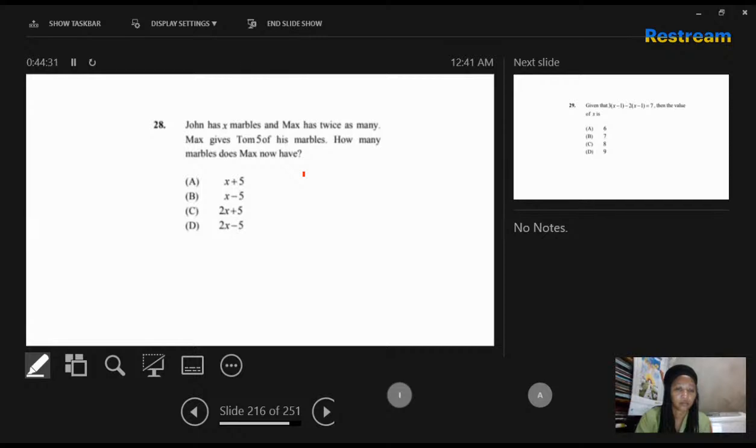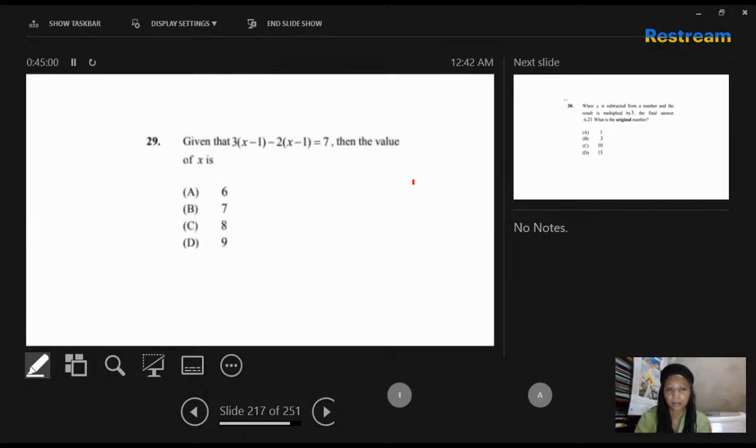So John has x, Max has 2x, and Max gives away 5, so 2x minus 5. What letter is that? That is D.